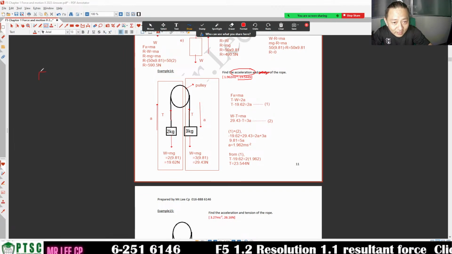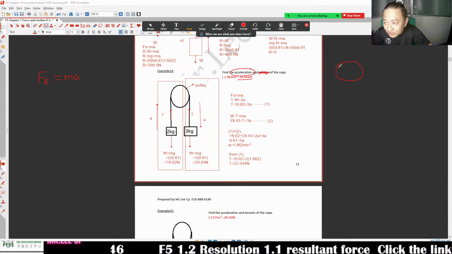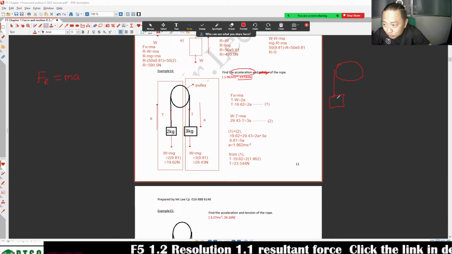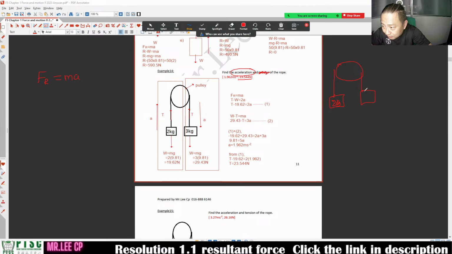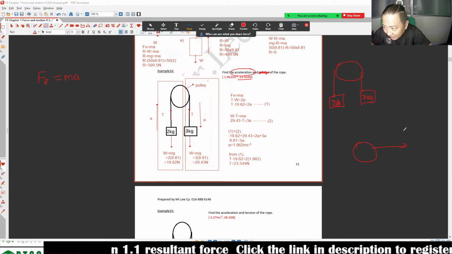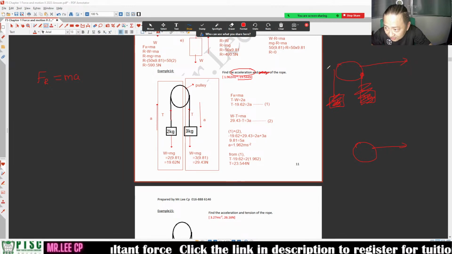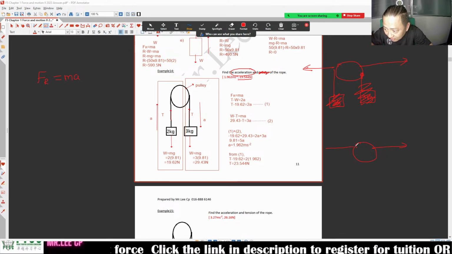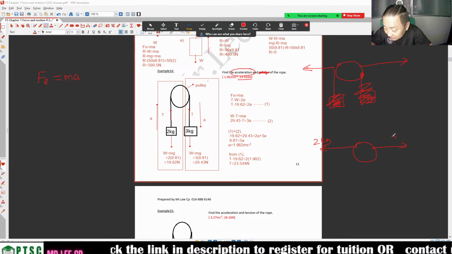So you write F is equal to MA. Imagine this one has a 2 kg mass pulling and this one has a 3 kg mass pulling. I bring this thing to here like this, 2 kg and then 3 kg.